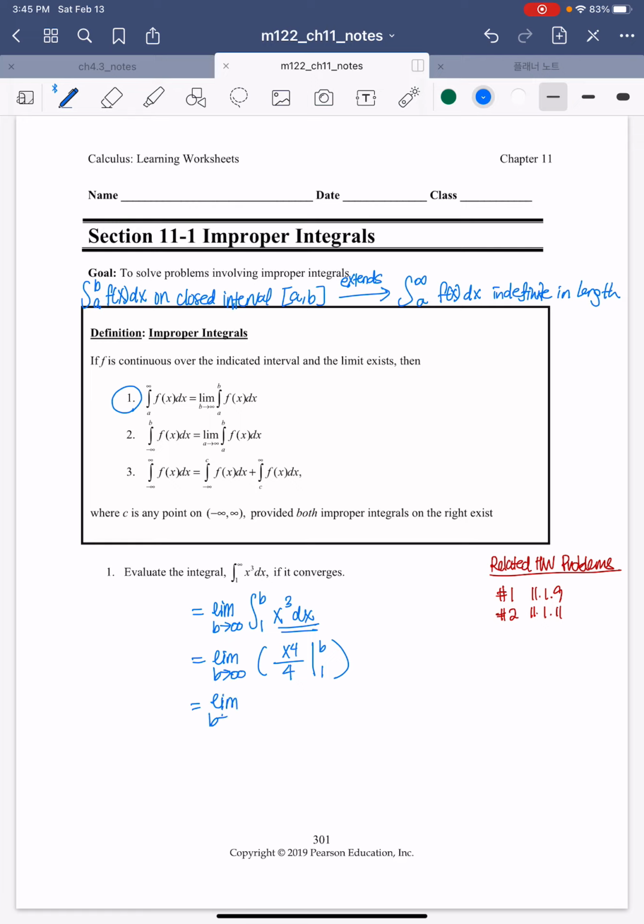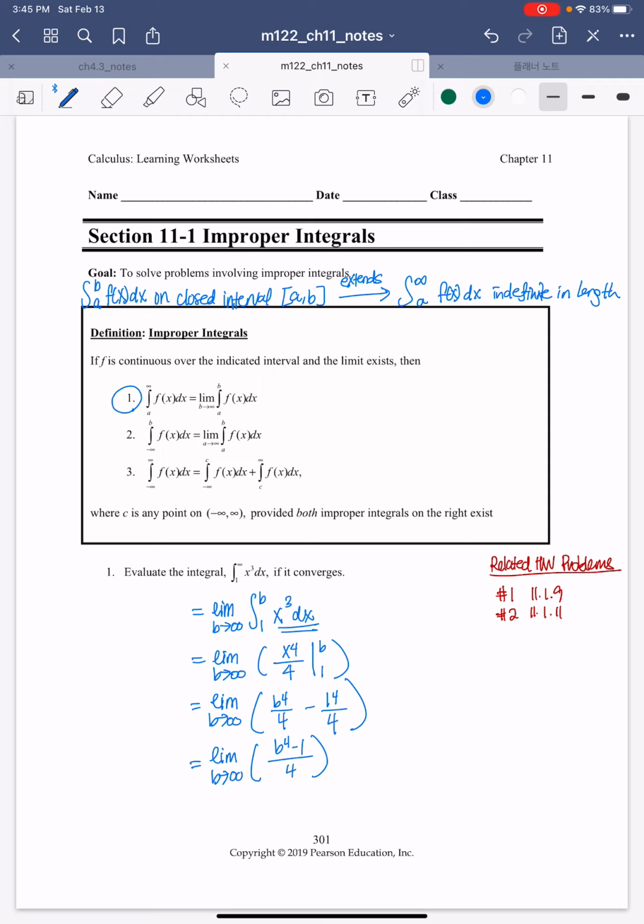So let's keep going. I'm going to have b to the 4th over 4 minus 1 to the 4th over 4. Let's simplify. We have a common denominator, so we can combine into one: b to the 4th minus 1 over 4.